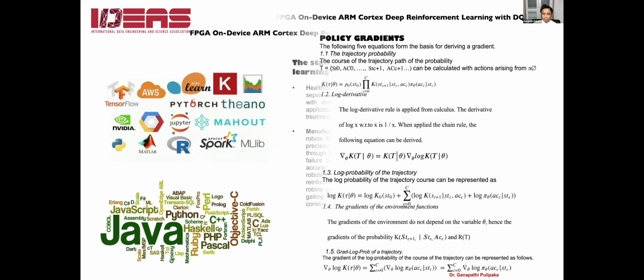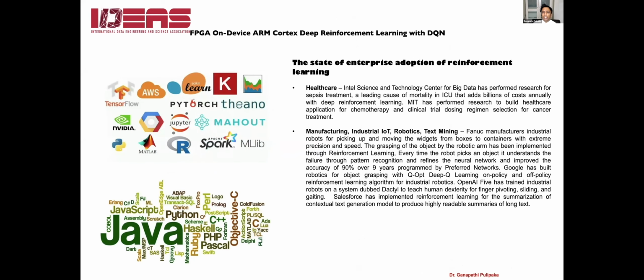And so again, we're going to take a look at different industries that have been successful in adopting reinforcement learning. If we're talking about healthcare, Intel has been the pioneer, leveraging reinforcement learning in the industry, and they have applied it for sepsis treatments, which is primarily a leading cause of mortality in the ICU.